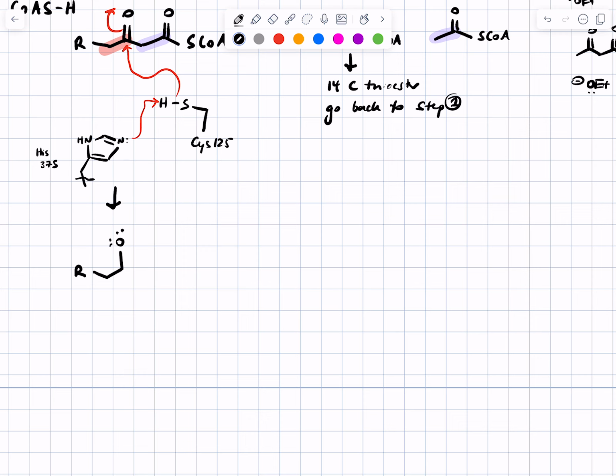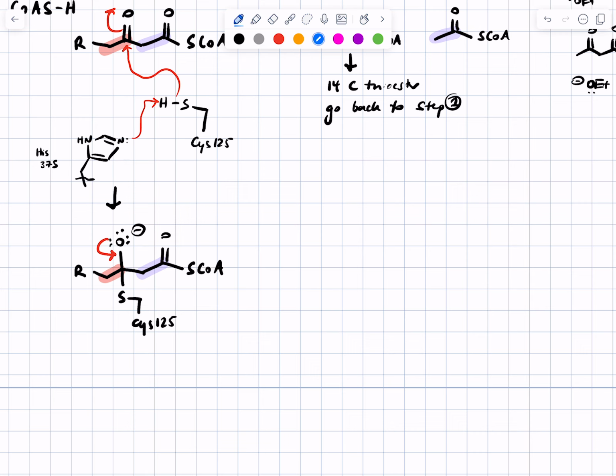So here's the negatively charged oxygen. Here's cysteine 125. That's the sulfur residue. And then here is the remaining portion of our molecule. Here's the 2 carbons that are eventually going to come off as acetyl-CoA. And that happens at this stage, actually. The electrons kick down and the leaving group leaves.